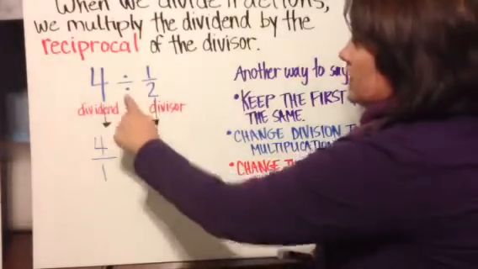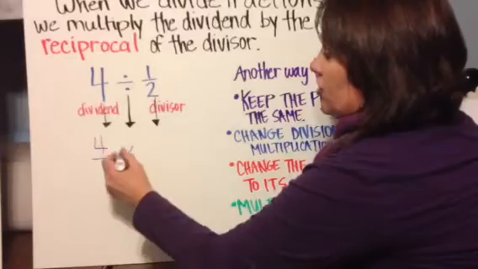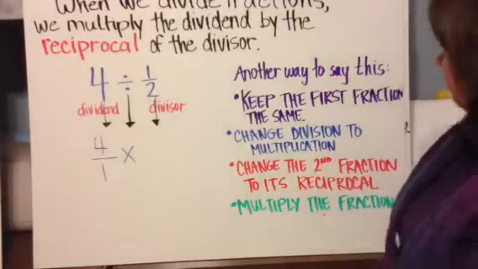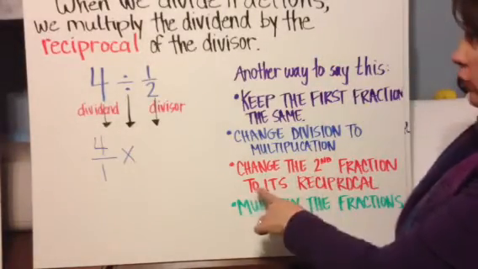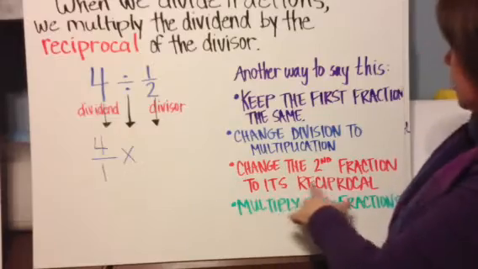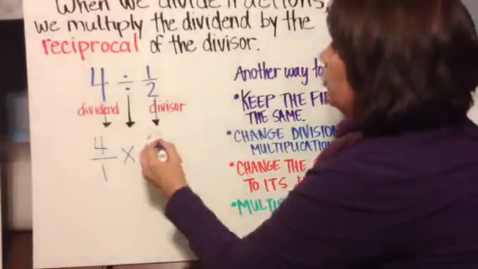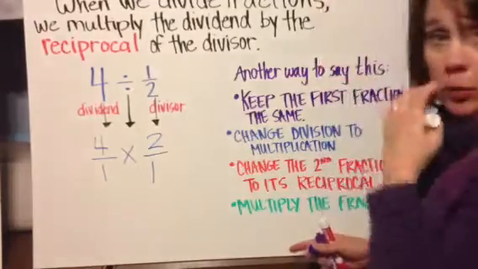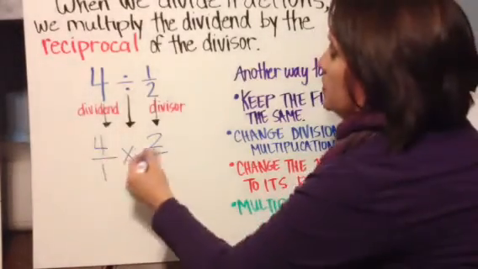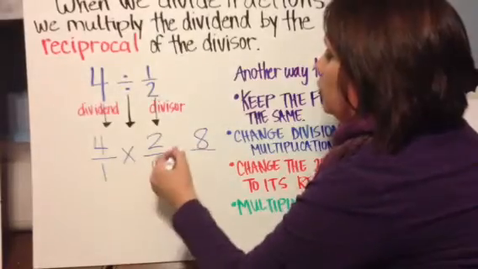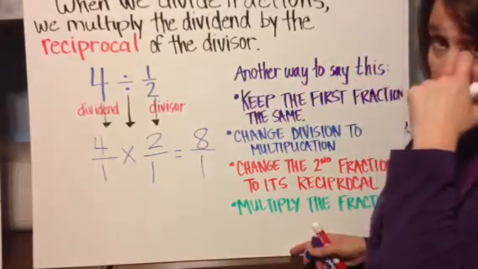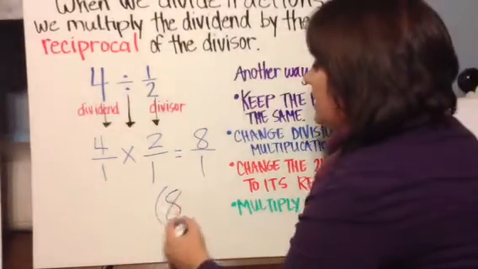So this division sign becomes a multiplication sign. And then I change the second fraction, which is the divisor, to its reciprocal. The reciprocal of 1/2 is 2/1. And then I multiply like normal. 4 times 2 is 8. 1 times 1 is 1. And 8/1 is the same thing as 8 whole.